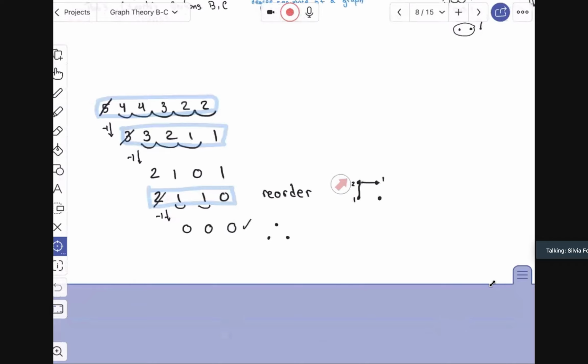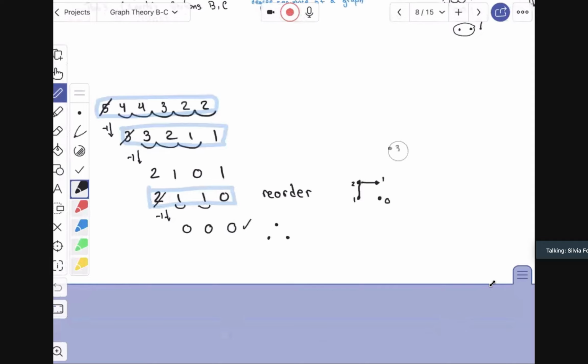If I decided to stop right here and I realize that there is a graph that has that degree sequence 2, 1, 1, 0, then the way that I backtrack is as follows. You see, that one goes with this one. The number that I removed in my previous stage was 3. So that's going to be my new vertex.